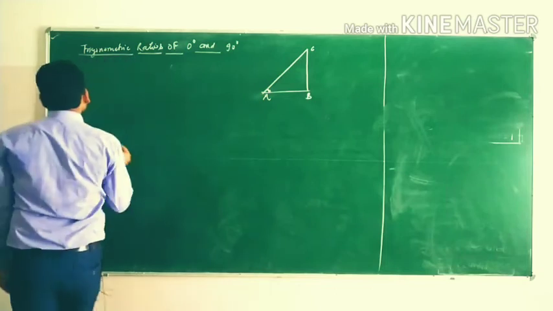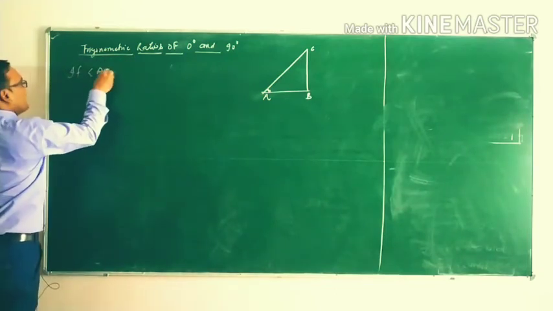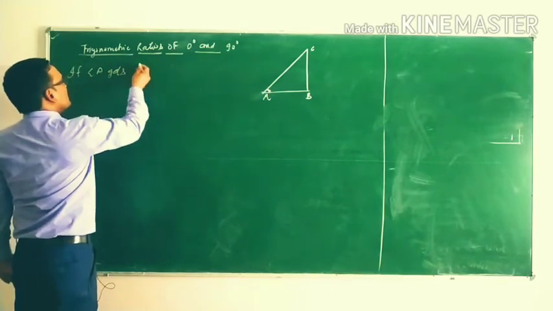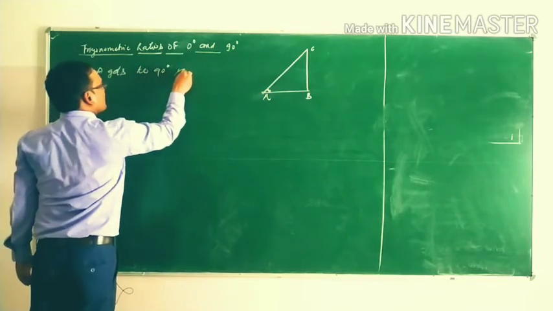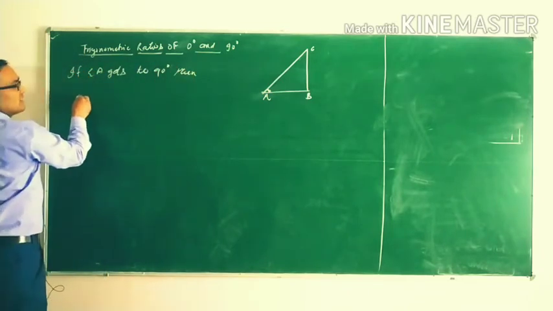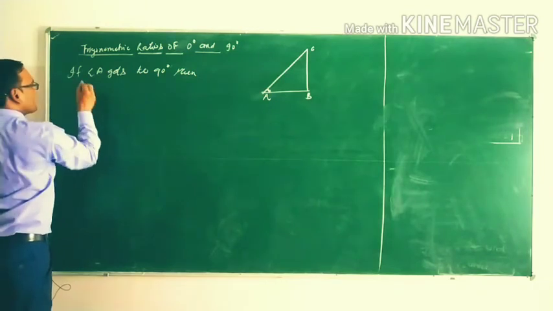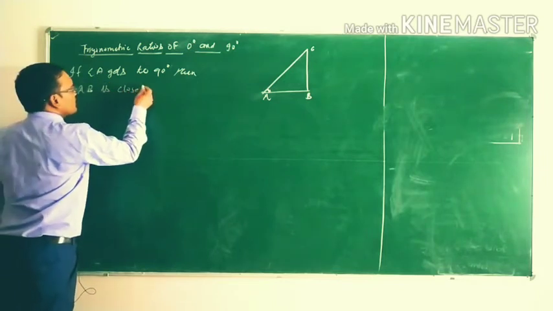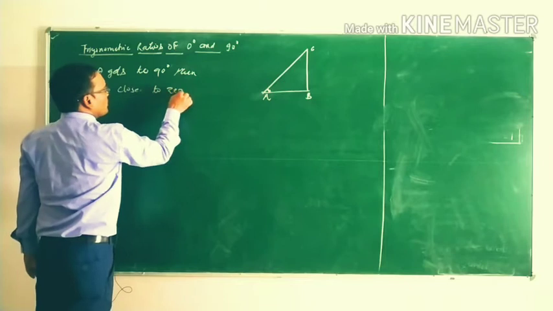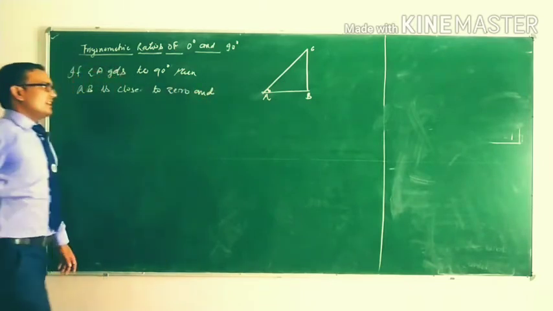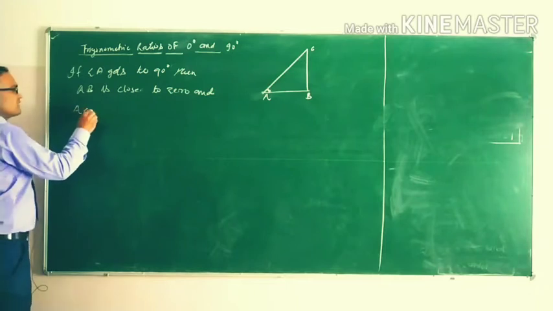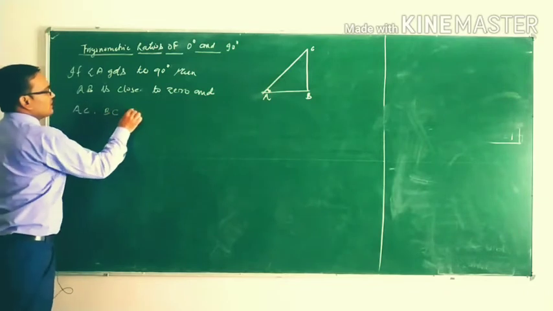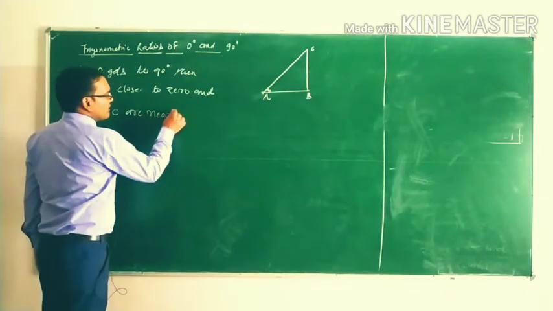If angle A gets to 90 degrees, then AB is close to 0 and AC and BC are nearly equal.